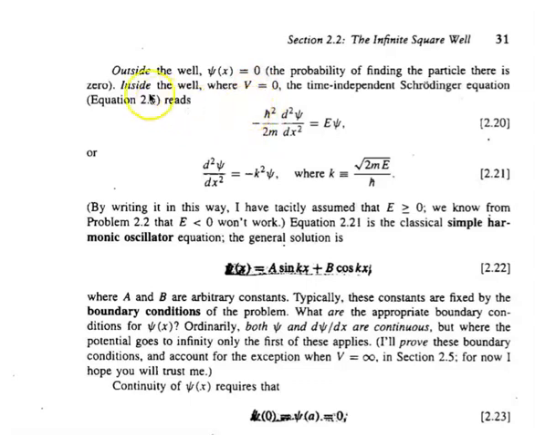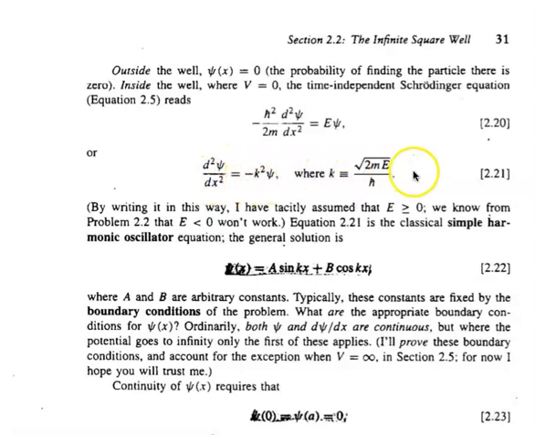Inside the well, the Schrodinger equation reduces to this expression. Make sure you can go from what I show you firstly to this expression here. Time is set off to the side. So the wave function satisfies an ordinary differential equation in x.